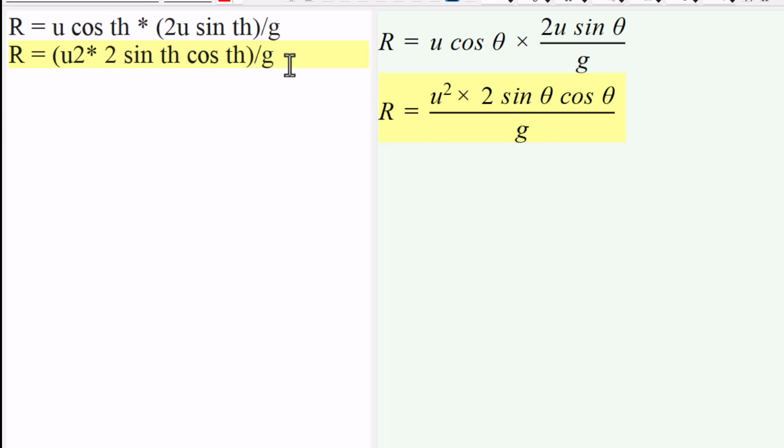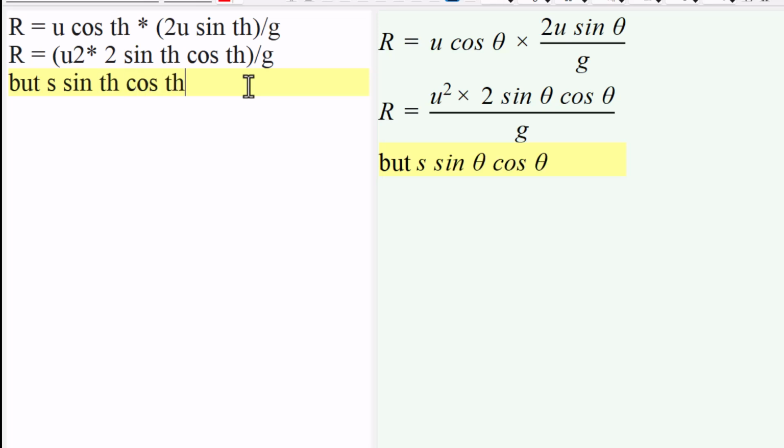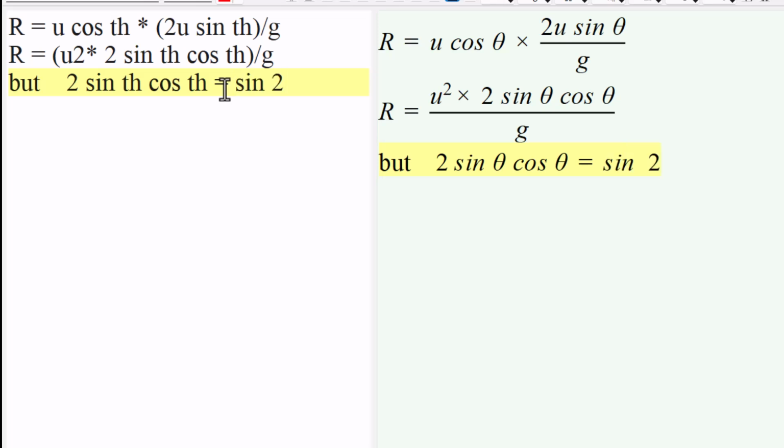So now, in a trigonometric identity, this part, 2 sine theta cos theta, is equal to sine 2 theta.